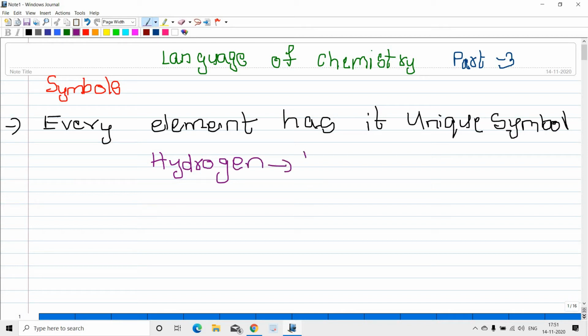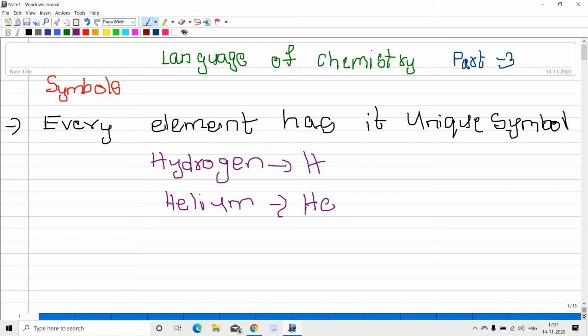Hydrogen has its symbol H. We will represent hydrogen with the symbol H. The symbol of helium is He. Here, keep in mind: the hydrogen symbol is H and the helium symbol is He.